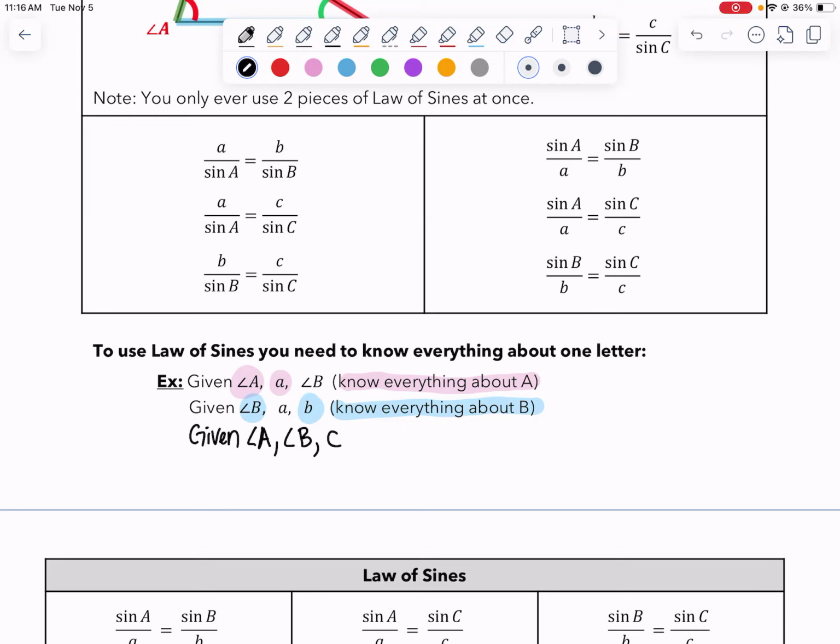You don't know everything about a letter. However, you secretly know angle C because you know two angles in the triangle. So you also know angle C. And because you know angle C, that's sufficient information. You have baby c, you have big C, you know everything about C.